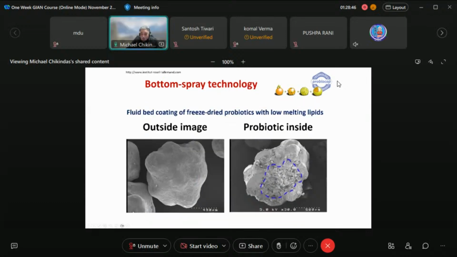And when we look at spraying technology, fluid bed coating of freeze-dried probiotics, slow lipids, that's exactly what was used by the company in this example. And you can see the inside of this, where you can probably see probiotic microorganisms, lactobacilli, being trapped in the delivery vehicle, in the delivery system.